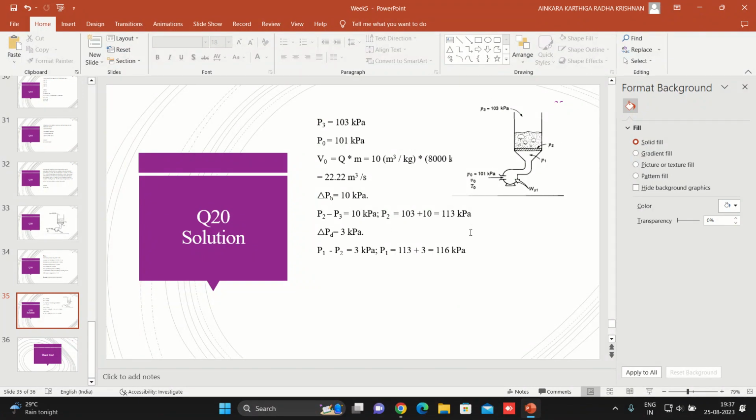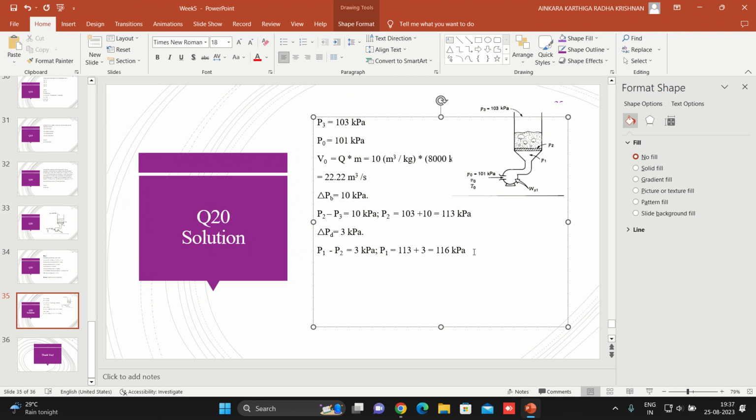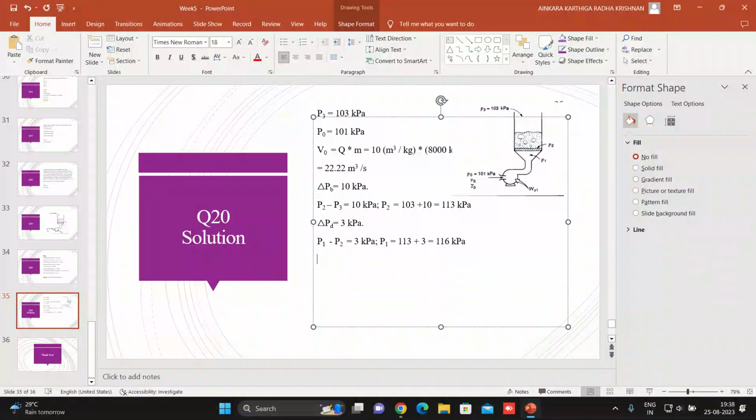Adding all these to the exit pressure, we arrive at the compressor exit pressure, that is 116 kilopascal.